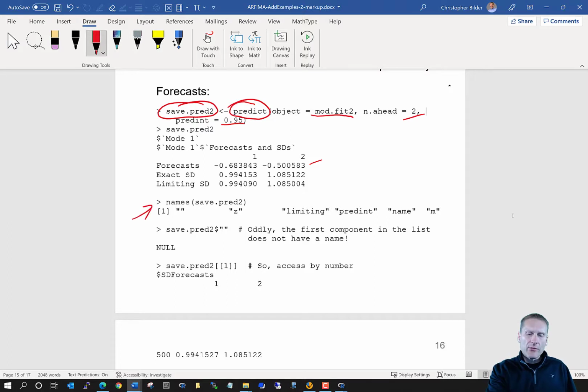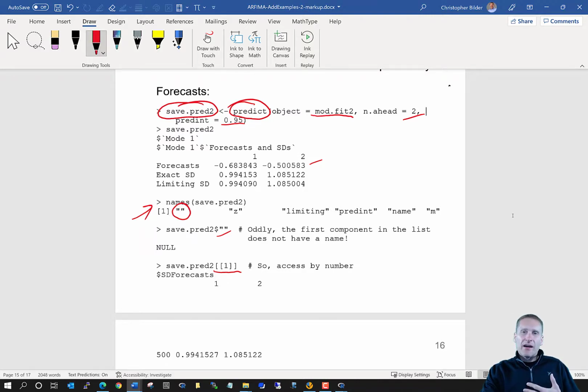if I do names with it, notice the first component of the list that's returned has no name at all. In fact, if you wanted to try to extract it to see what it is, you can't. Instead, you can use a different R syntax to extract parts of a list. Every part of a list has a corresponding number in terms of the order it is inside the list.